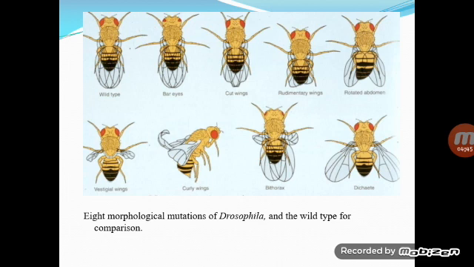Rudimentary wings, rotated abdomen. You make a comparison of the abdomen of top right and wild type top left. What is the difference between the abdomen? Vestigial wings, curly wings.